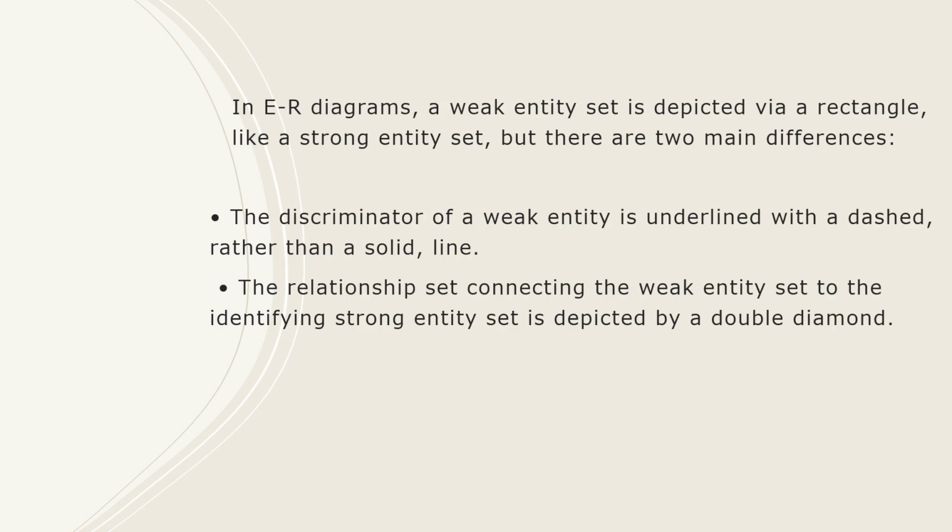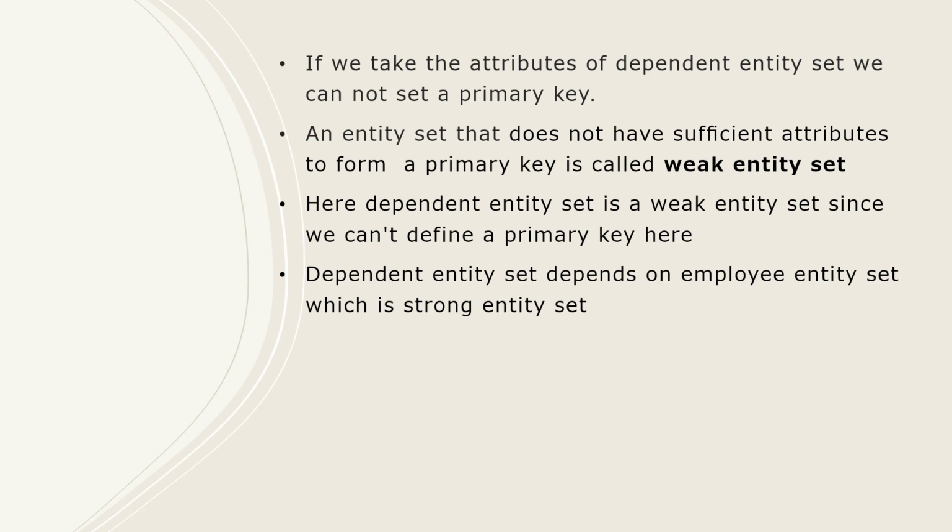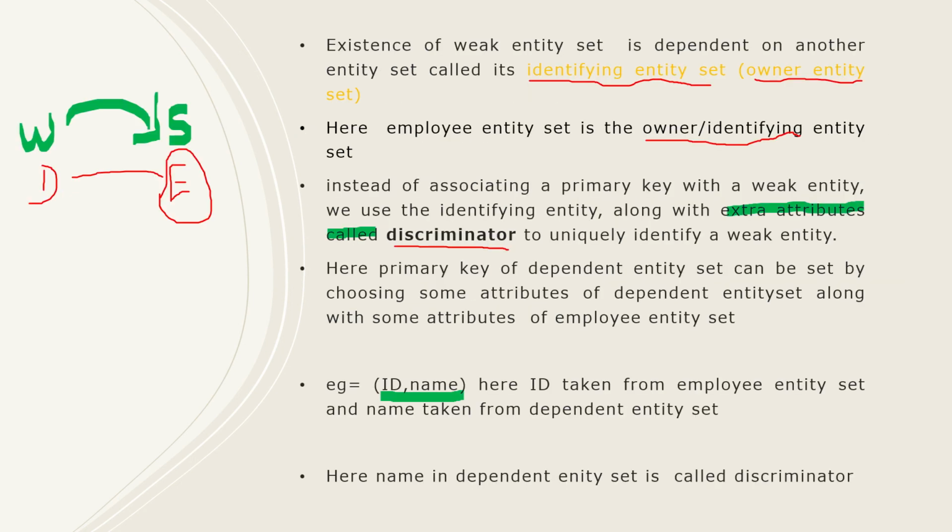So I think it is clear now. And one important feature about the weak entity is that each and every element of a weak entity set will have total participation. If you take the example of employee and dependent, we know there must be an entry in this dependent entity set only if a corresponding employee works in that company.